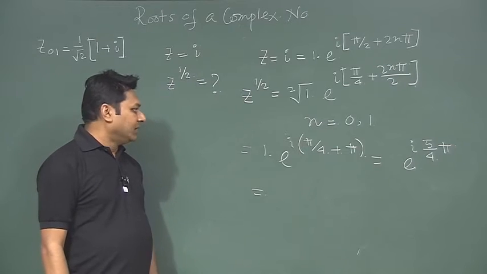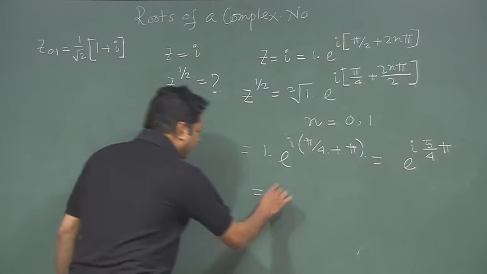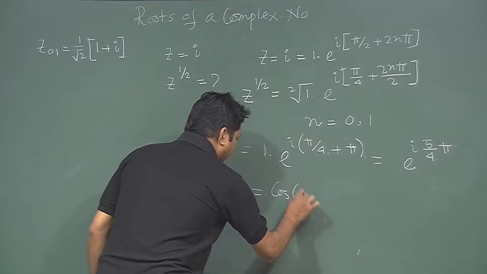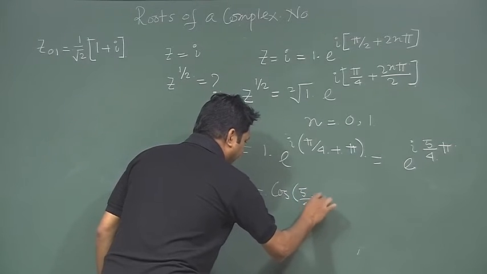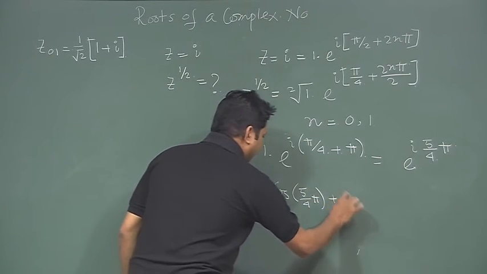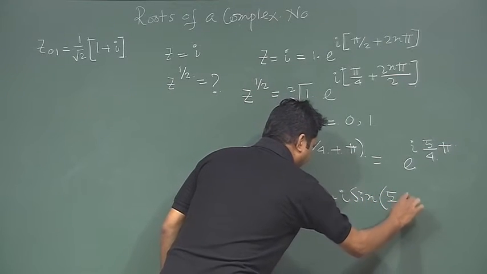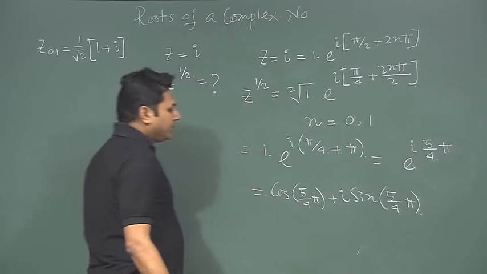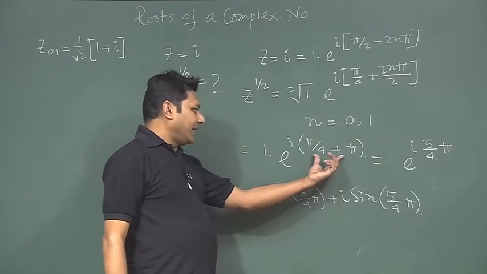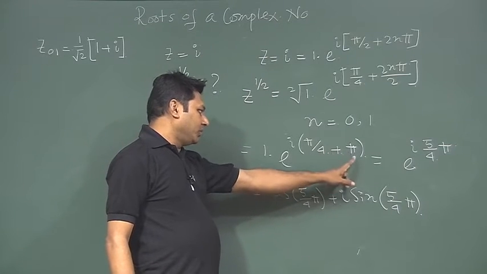Now if I write this as cos of (pi by 4 plus pi) plus i sin of (pi by 4 plus pi), you can calculate it because it is with plus pi.